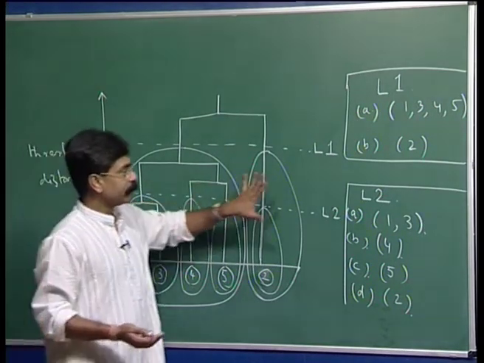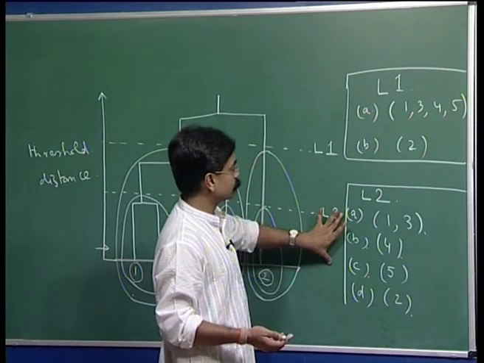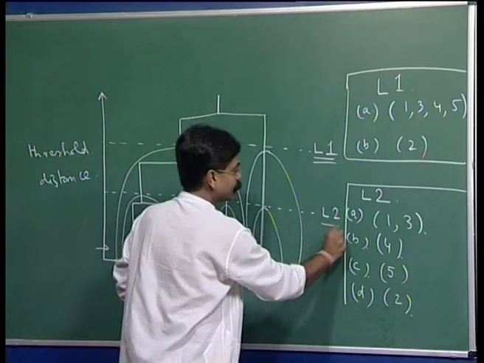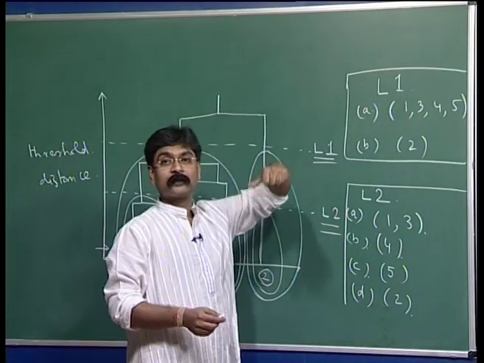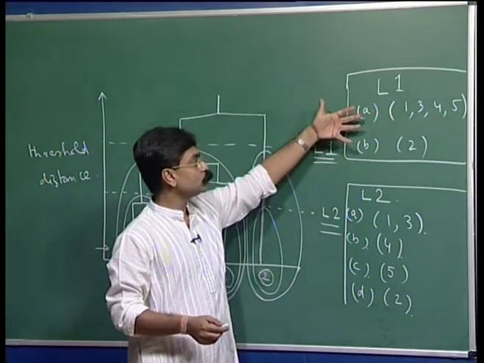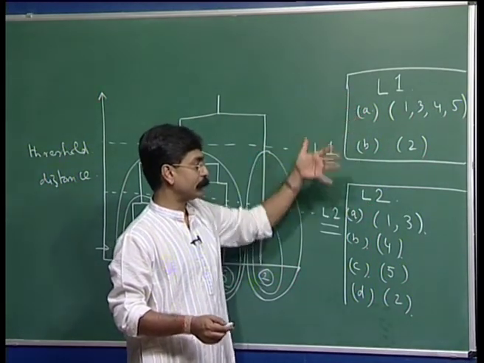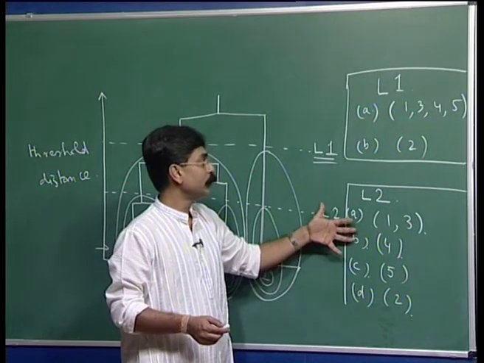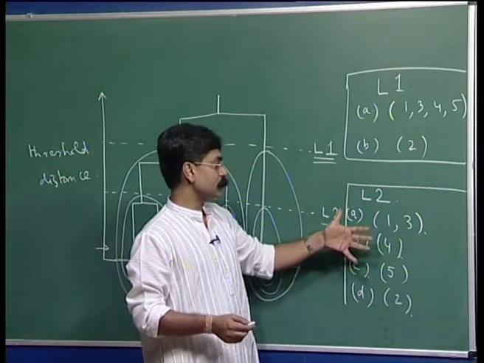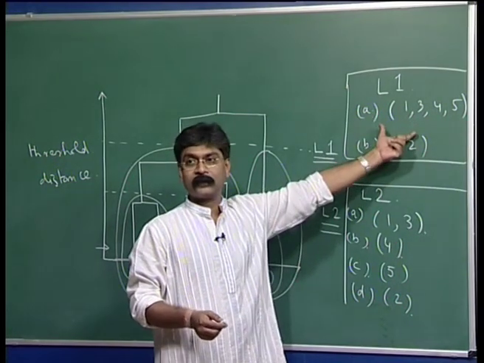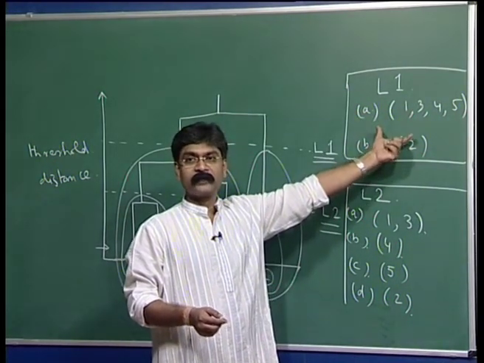And what is interesting to note from the clusters that have been formed at the L1 level and the L2 level is that if you choose any two clusters from the two sets, the clusters formed by L1 and the clusters formed by L2, you will see that either a particular cluster would be completely contained in the other, or it will be disjoint with that.